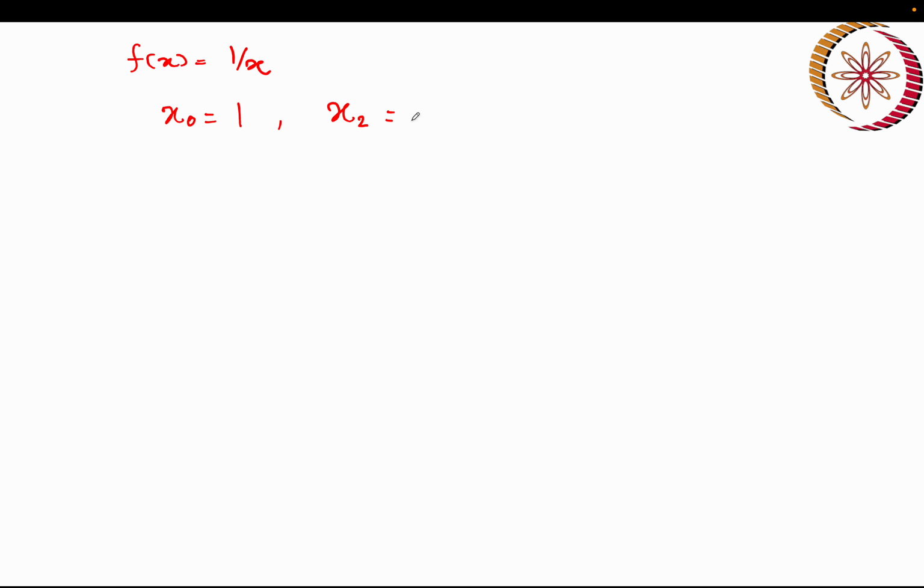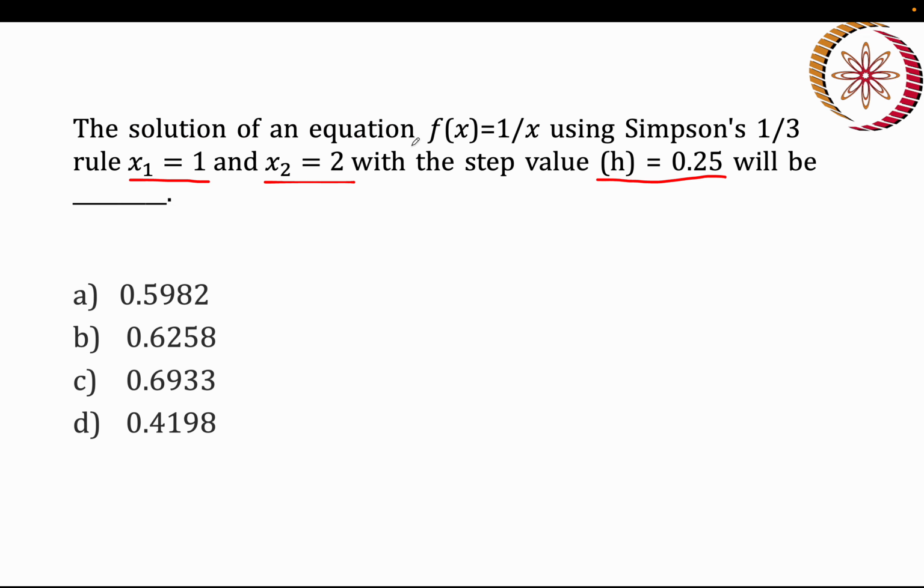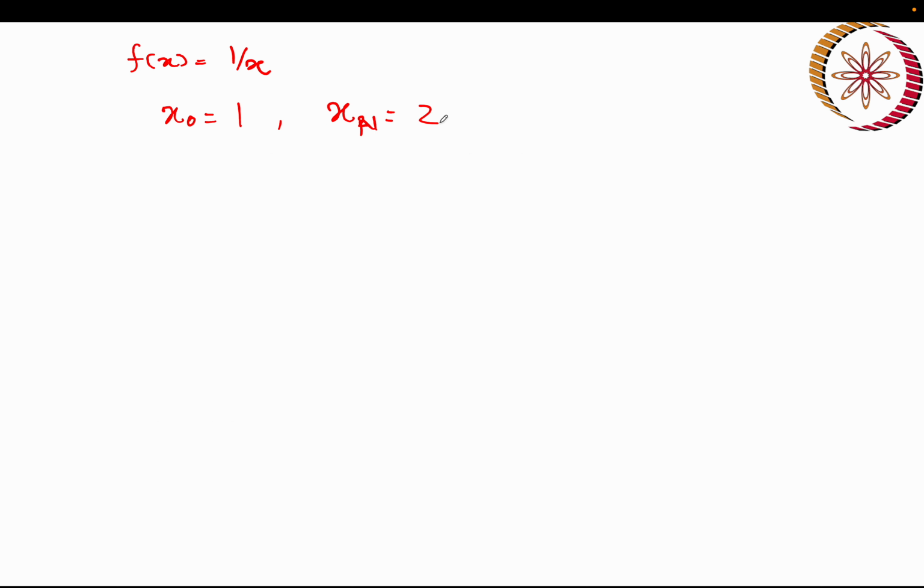Okay, so f of x is equal to 1 upon x is already given, and as per our convention, x0 is 1 and xn, let's say the last value, is 2. Okay, and what we can do is we can just create the table.